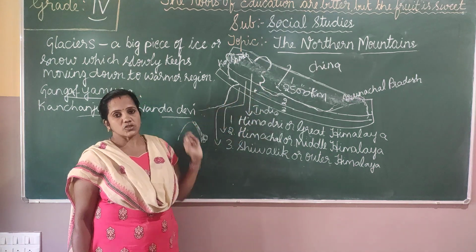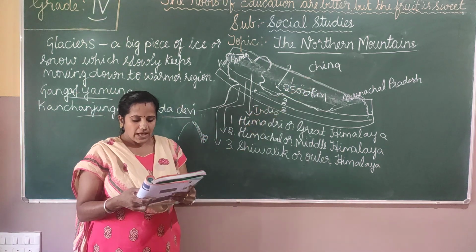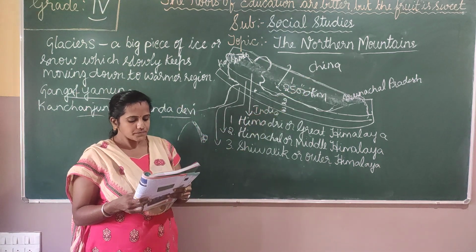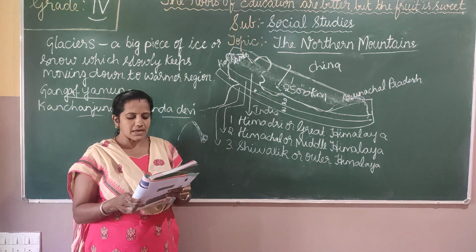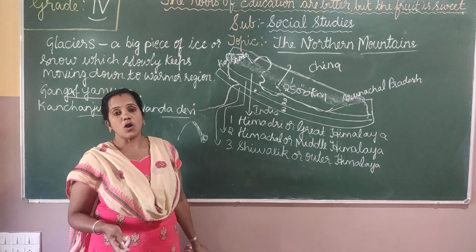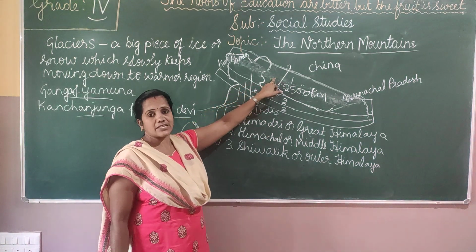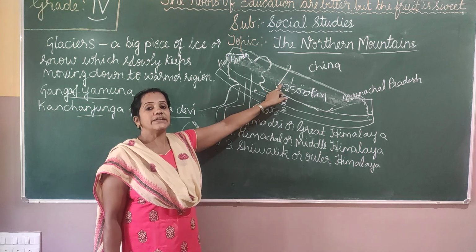Himadri forms a natural boundary between China and India. Most peaks in the Himadri range remain permanently covered with snow throughout the year.